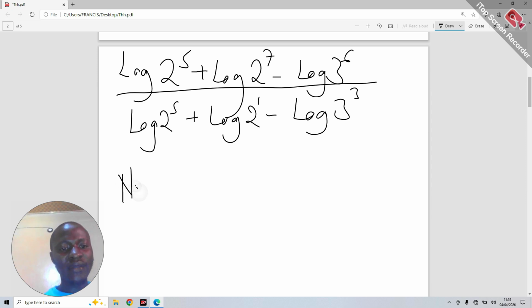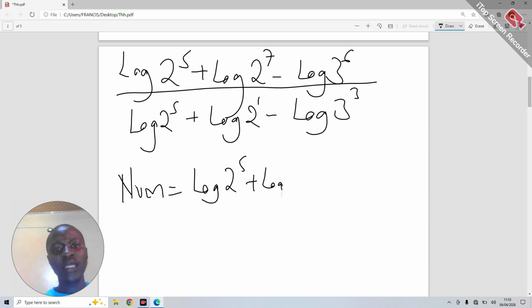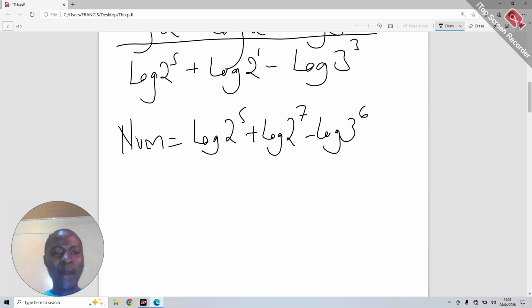So, considering the numerator, we have log 2 power 5 plus log 2 power 7 minus log 3 power 6. By the way, you can come up with your laws. You can increase the number of laws in a logarithm.